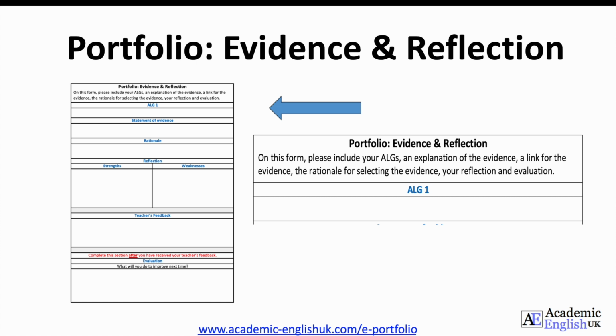As I mentioned in the definition, the student is responsible for what goes into their portfolio, and they do this by firstly setting academic learning goals, or ALGs. Now, how many the student selects is really dependent on the course that the student is on.